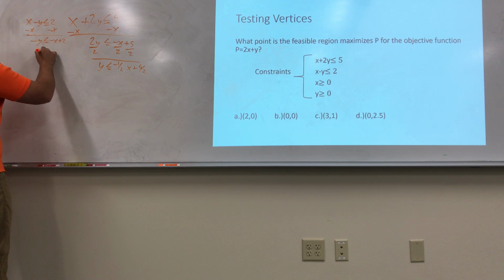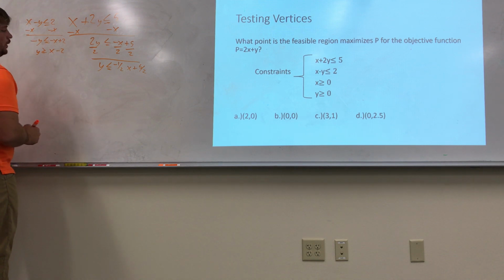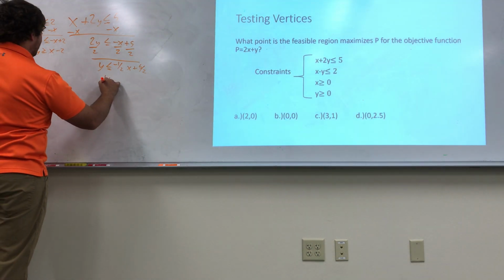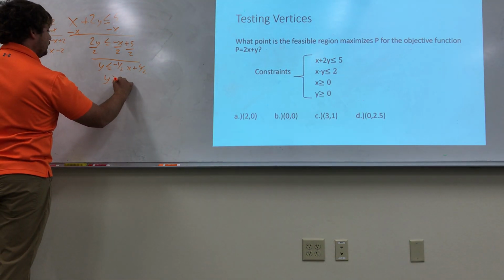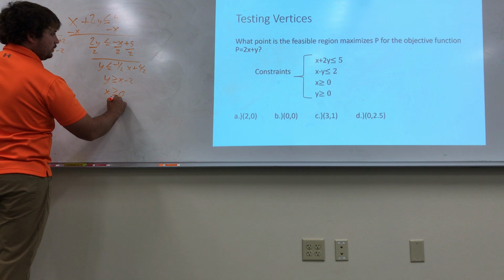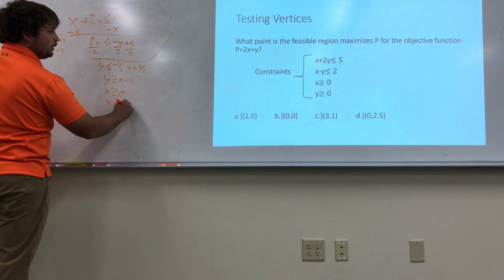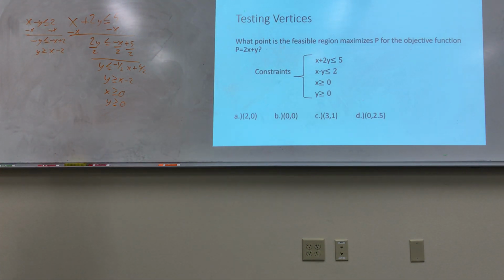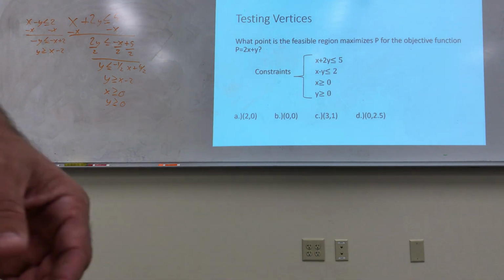Y is greater than or equal to x minus 2. Okay, so there's my other one. And then it says x is greater than or equal to 0, y is greater than or equal to 0. Okay, so I have both of these.